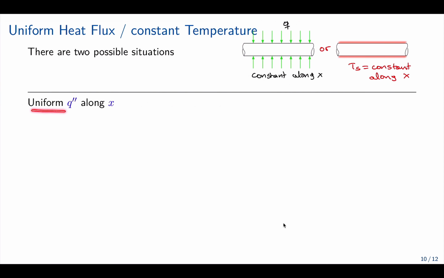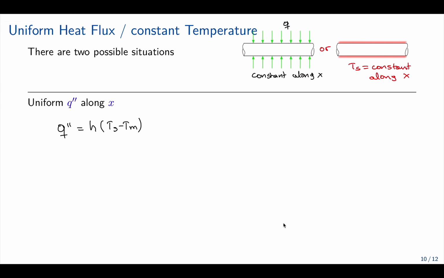So what happens when we have uniform Q along X? Well, going back to the definition, we have that Q double prime equal to H. I'm not saying H of X anymore because it's constant, multiplied by Ts minus the mean temperature.